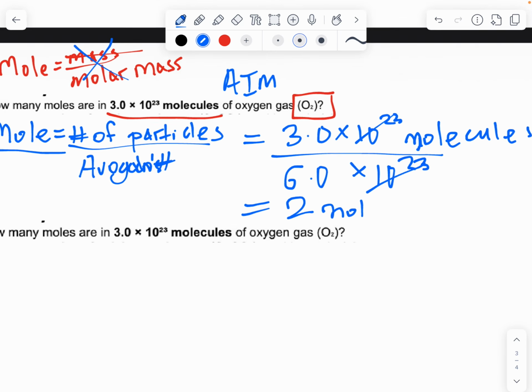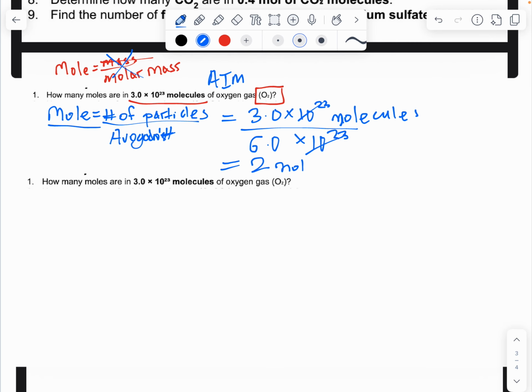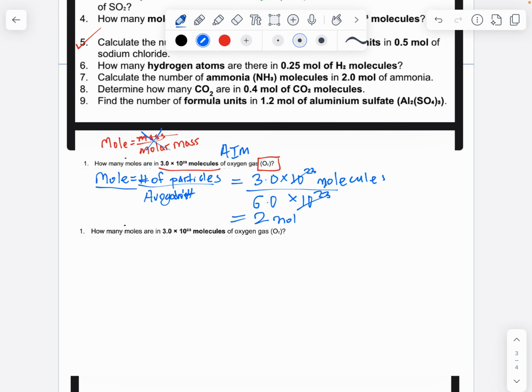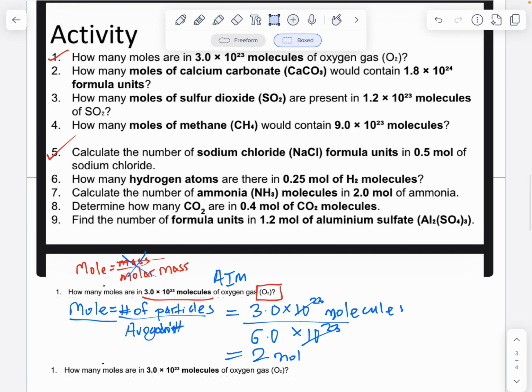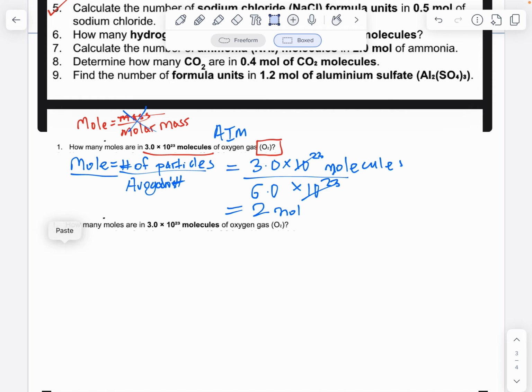Now, what if we're asked how many moles? Oh, I repeated my question. Let me just change this for a bit. Alright, I'm working out this one right here.